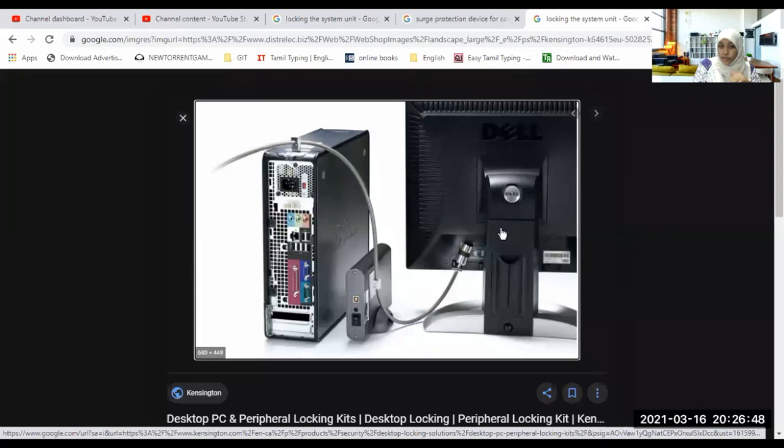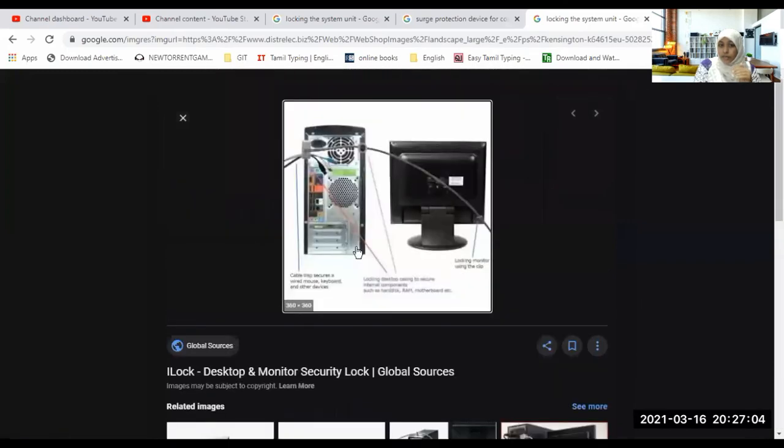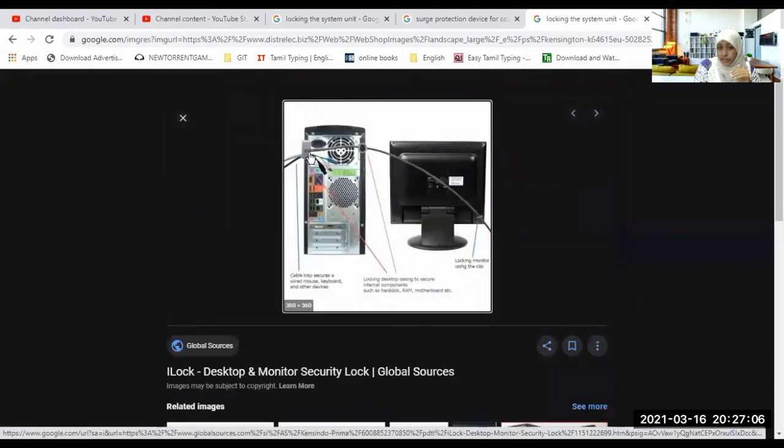So that they can't take it out, because these system units are connected with screws, right? So they can remove the screws and take whatever is inside the system unit. But if we lock the system unit like this, they can't open the system unit to take the devices inside.